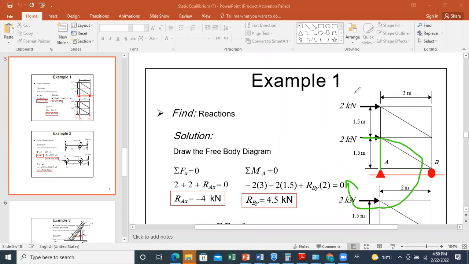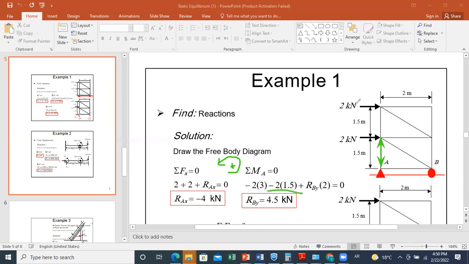Now, how I get the magnitude of this moment, I should find the distance between A and the force. Since the distance here is 1.5, then I should do 2 times 1.5. And because it's rotating clockwise and my convention is to take counterclockwise as positive, I will put minus 2 times 1.5.